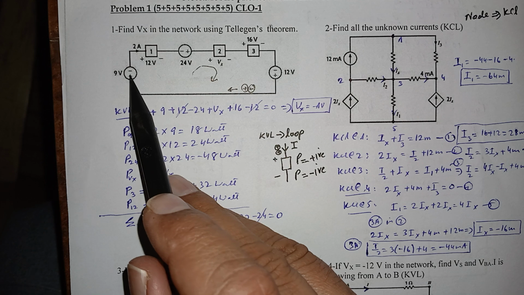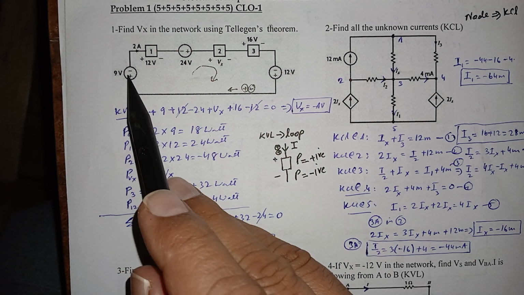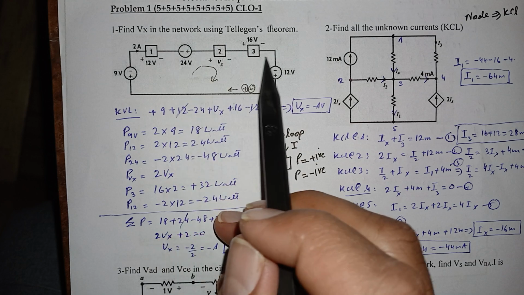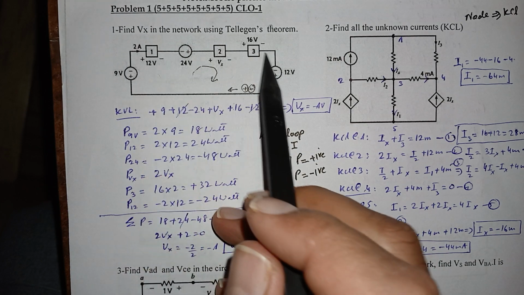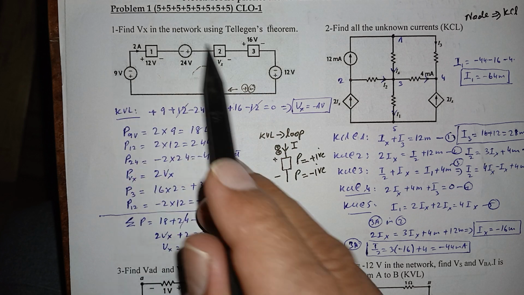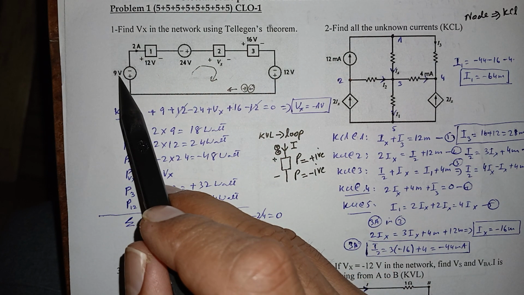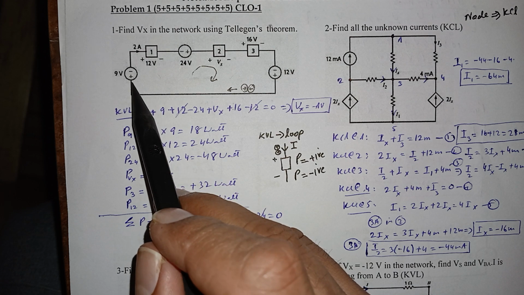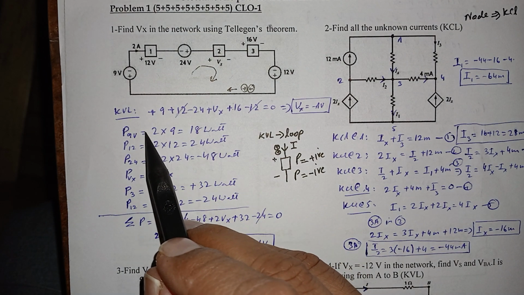So power in the 9 volt source: I have to know the voltage and current. Because this is a single loop, the current is 2 ampere, which means 2 coulombs per second is flowing in the clockwise direction. In this case, the current is hitting a positive terminal, so the power is positive. I'll write a positive sign.